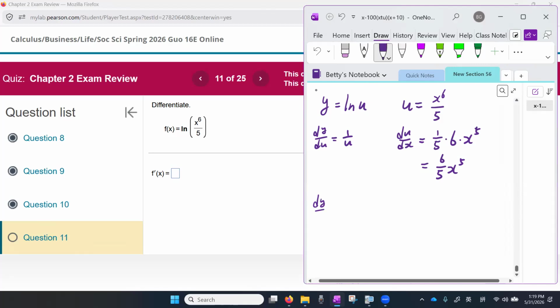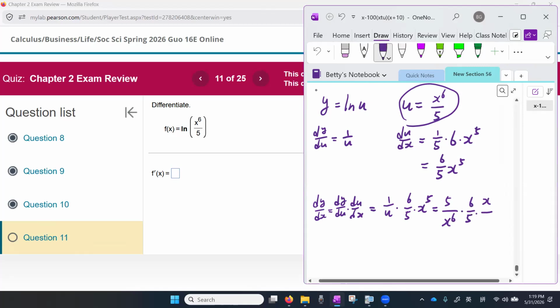So dy dx equals dy du times du dx. dy du is 1 over u, du dx is 6 over 5 x to the power 5. 1 over u is the reciprocal of u, so that gives 5 over x to the power 6. Times 6 over 5 x fifth.